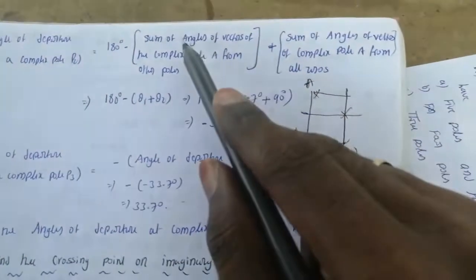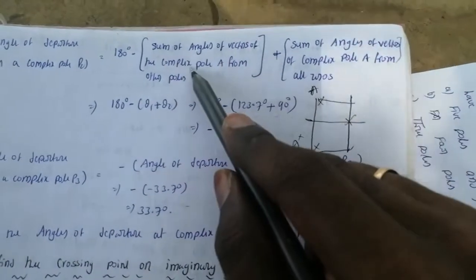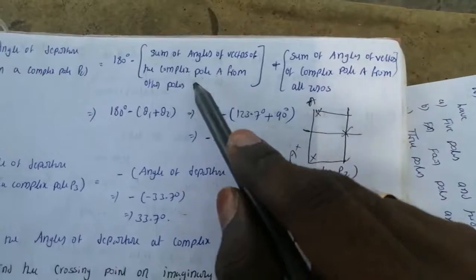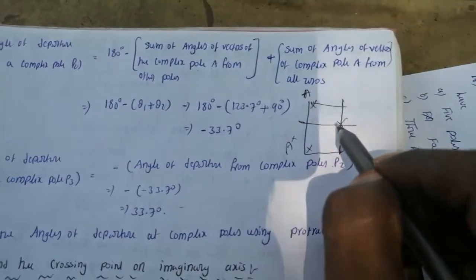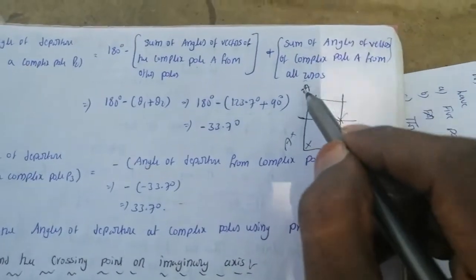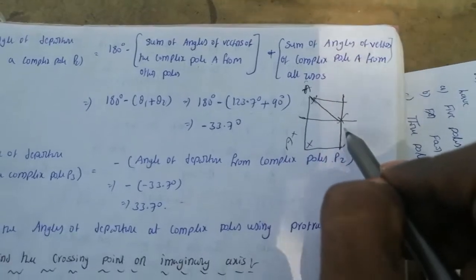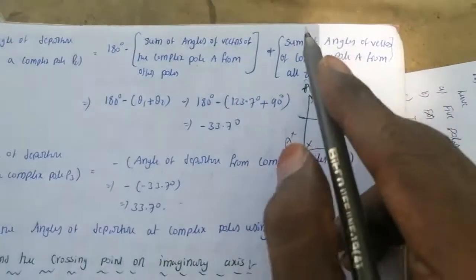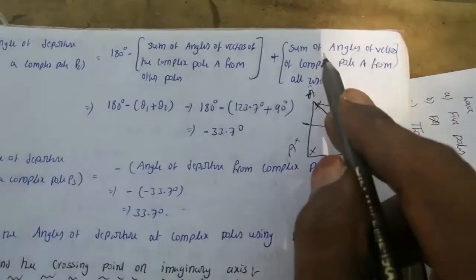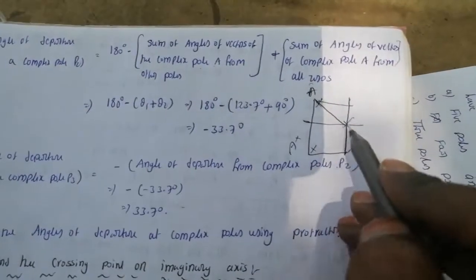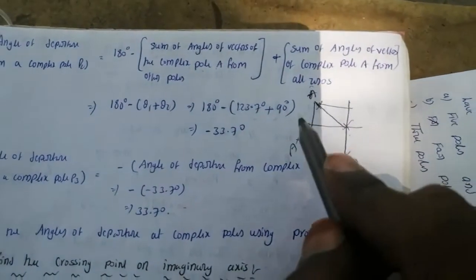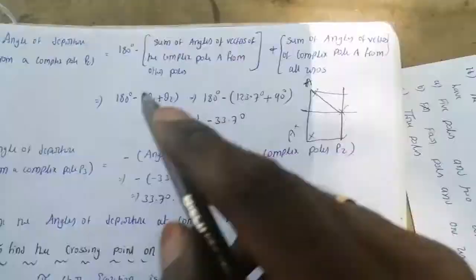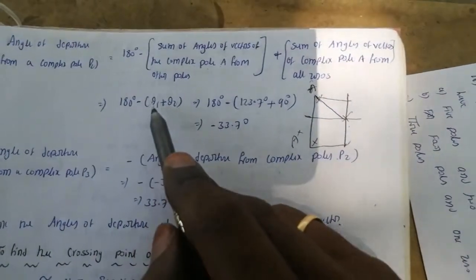So the sum of angles of vectors of the complex pole A from the other poles: this is the complex pole and this is the other pole. Plus the sum of angles of vectors of complex pole A from all zeros. Here there are no zeros, right? So zeros we are not considering. And 180 degrees minus theta 1 plus theta 2.